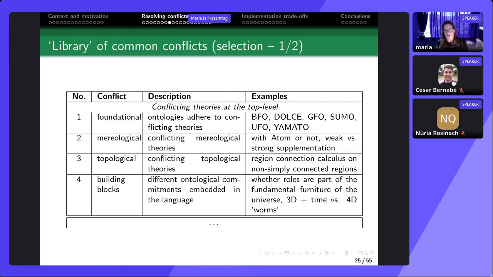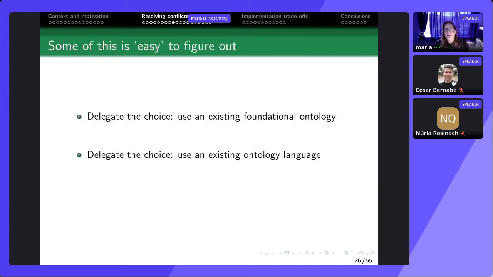You can work that out further in the paper. However, you could say, well, look, we can easily figure this out. We're just using an existing foundational ontology. Likewise, for the language issue, number 4 on the previous slide, we just use an existing ontology language.